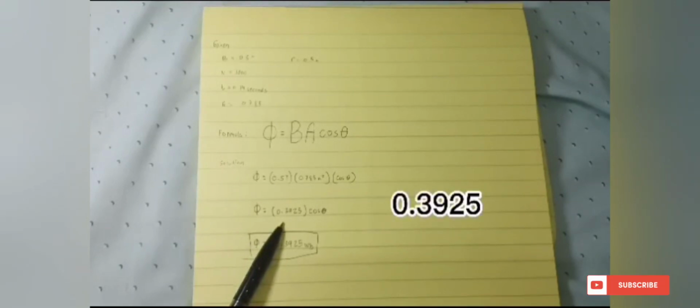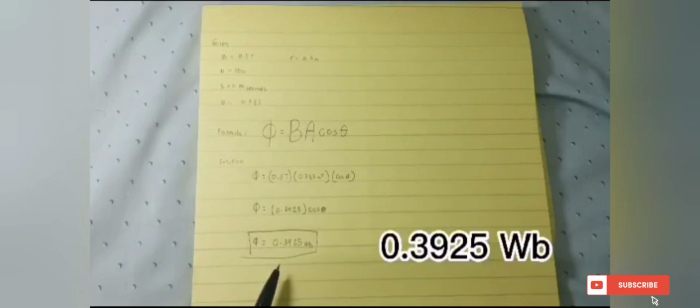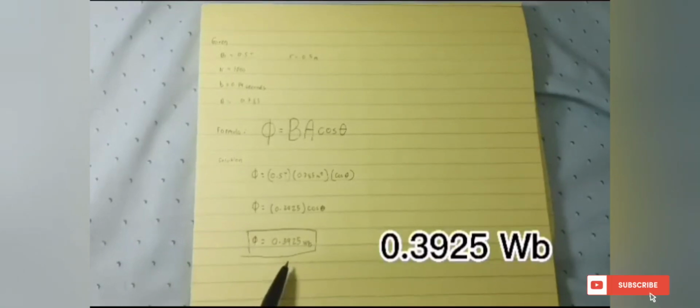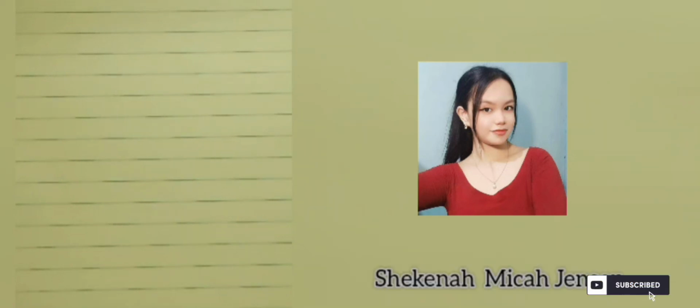First, we multiply the magnetic field and the area, and there we arrive at 0.3925 multiplied by cos 0, and there we have our magnetic flux, which is 0.3925 Weber.